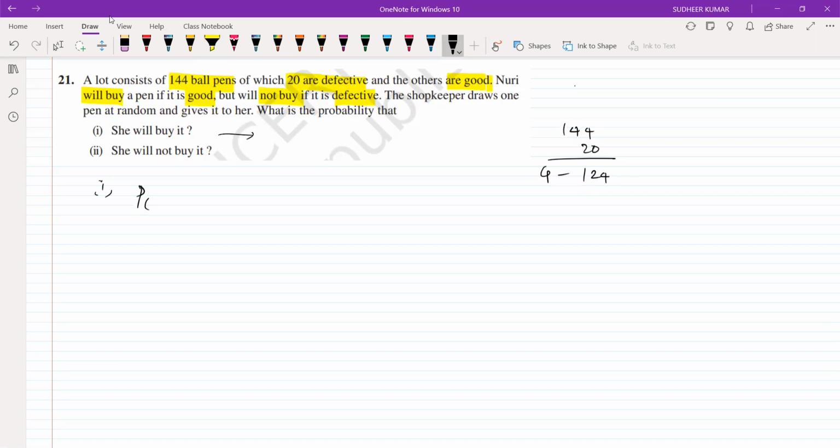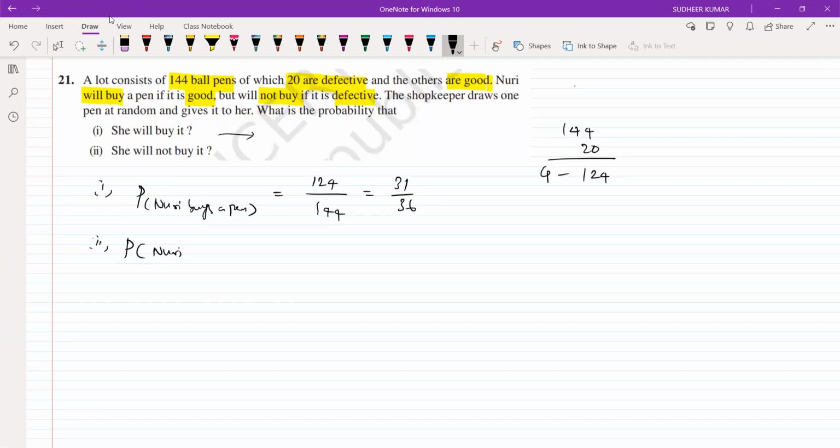So the probability of Nuri buying a pen is the total 124 good pens by 144. If you simplify that, 4 3s are 12, and 31 by 36. That's it.